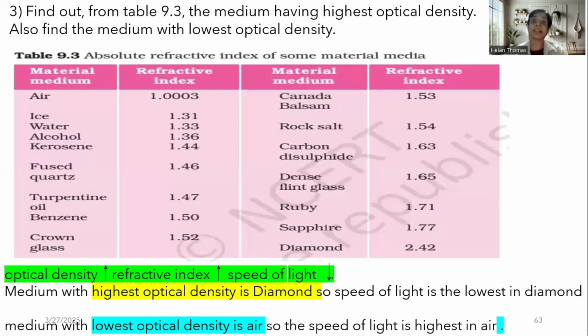When the speed of light is more, the distance traveled will also be more, and the light will move away from the normal. While when the speed of light is less, the distance traveled will be less, and the light will bend closer towards the normal. So have this concept very clear and thorough.